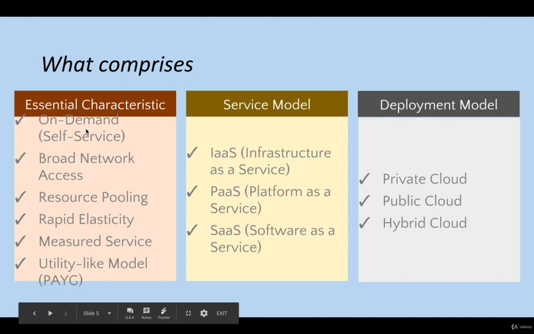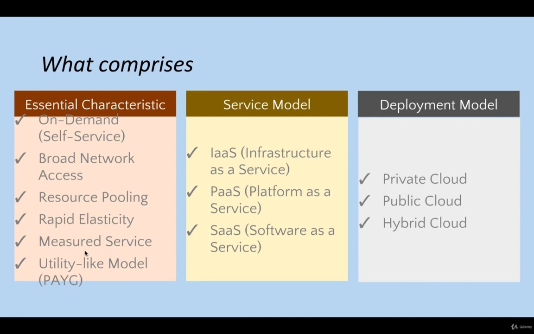Similarly, if you are a cloud customer, you need to look for these five characteristics, up to measured service, when you are choosing a cloud provider or a cloud vendor. You can check whether it provides on-demand self-service, broad network access, resource pooling, rapid elasticity, or measured service. So this is the baseline which you need to look for, and you'll be able to run your business in a good way.